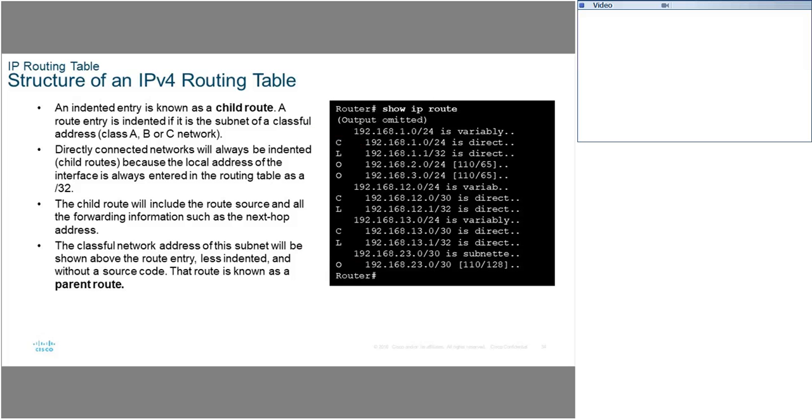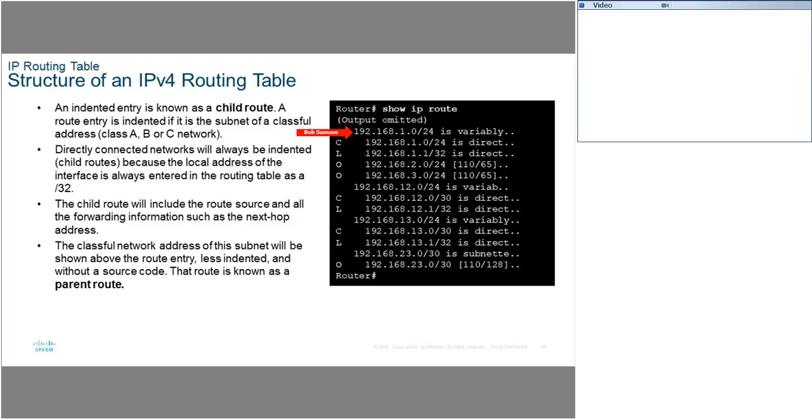There can be routes that exist out at this level that are not parent routes. I might just have a single class full entry that was learned through a dynamic routing protocol, and that has no children under it, but it's still out here to the outside. So not every entry that has a single tab on it is going to be a parent route, but any entry that has subnetworks under it, under the class full, will be a parent route.